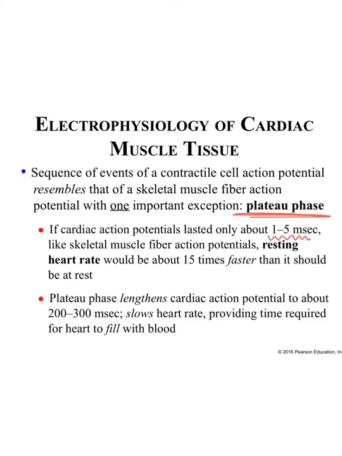You're basically not allowing adequate time for the heart to fill with blood. You need to allow it to fill, so when it contracts, there's actually something in it to move. So it lengthens the cardiac action potential to about 200 to 300 milliseconds. This slows heart rate and allows the heart to fill with blood.